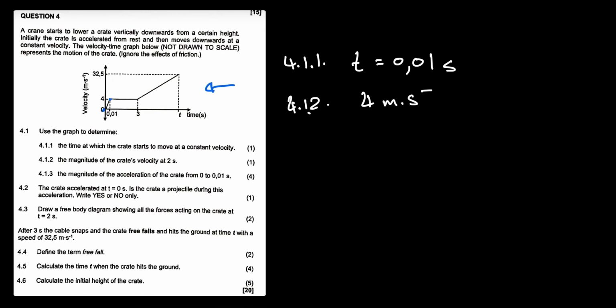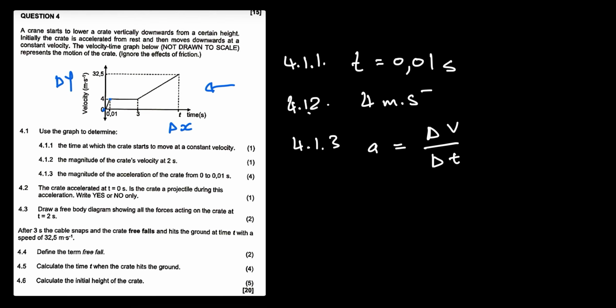By definition, acceleration is the rate of change in velocity, so it is change in velocity over change in time, that means the change in y over the change in x. That is what is happening here. So the gradient of the graph at those points, 0 and 0.01 seconds.